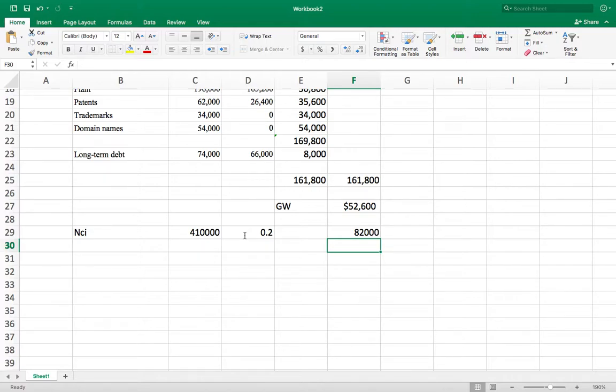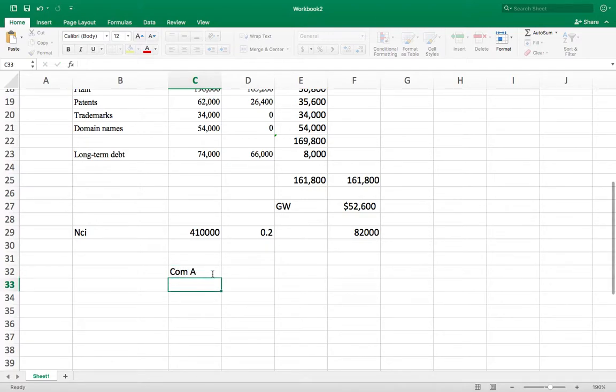Now we're gonna make the balance sheet. For the balance sheet, we're just gonna take the name, Company A, balance sheet.